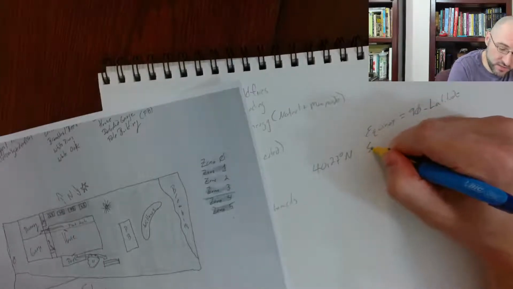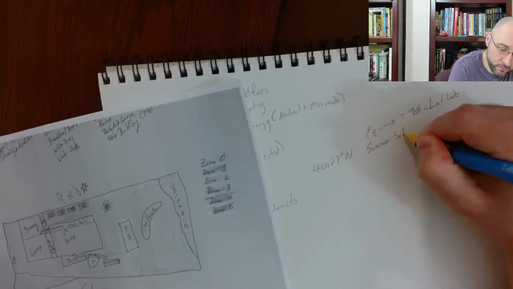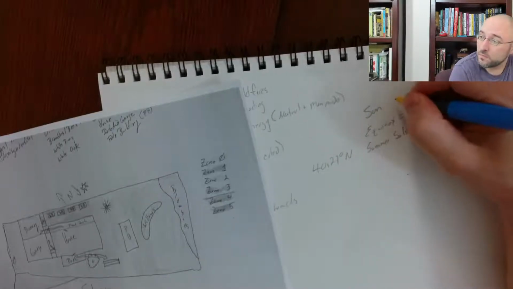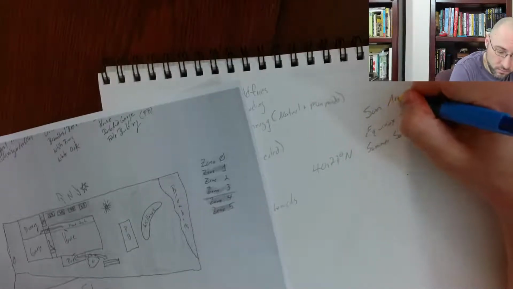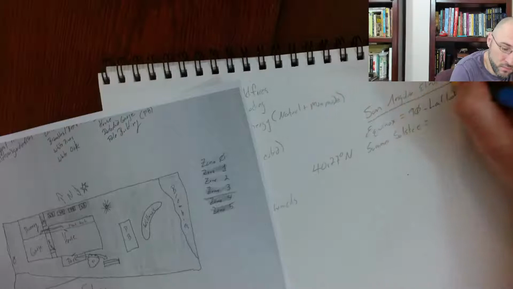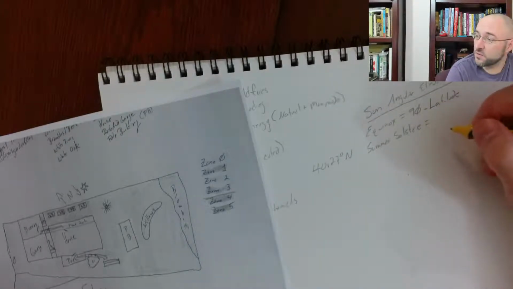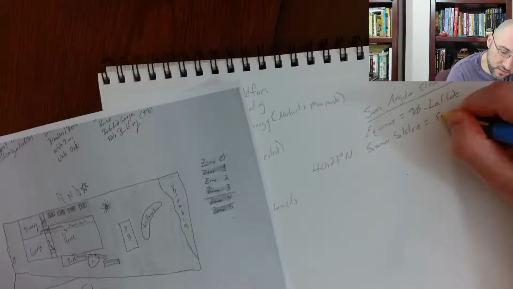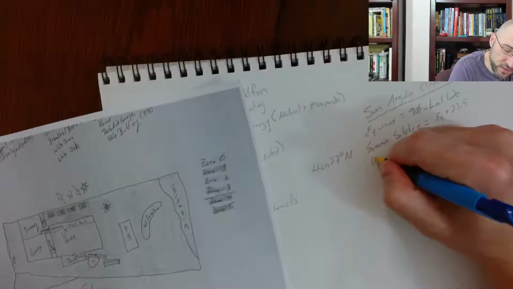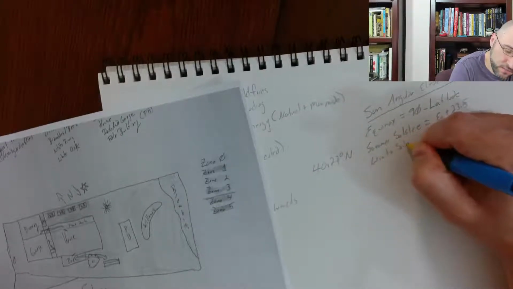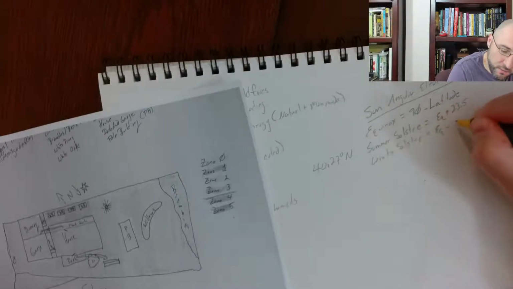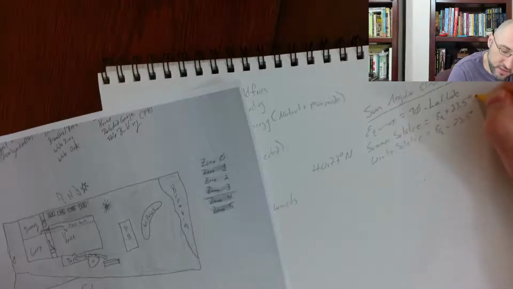The summer solstice sun elevation is going to be equal to the equinox plus 23.5, and the winter solstice is going to equal the equinox minus 23.5 degrees.